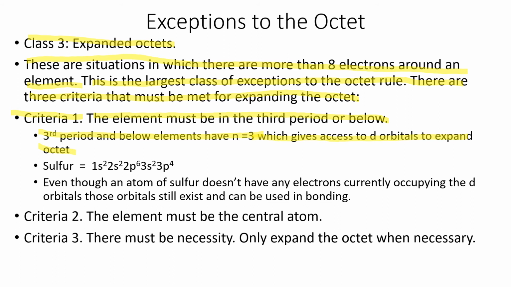If we look at something like sulfur, write out the electron configuration. 1s2, 2s2, 2p6, 3s2, 3p4. You don't see any d orbitals filled, but that's okay, because even though an atom of sulfur by itself doesn't have any electrons currently occupying the d orbitals, those d orbitals still exist, and they can be used in bonding.